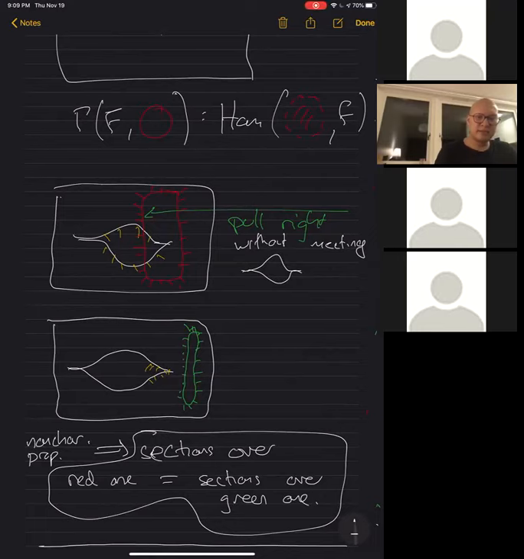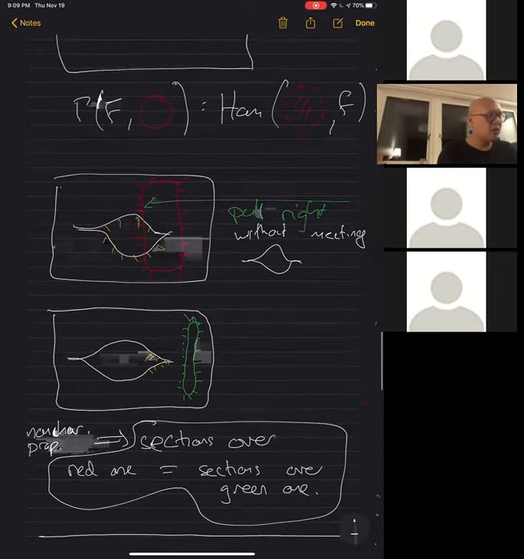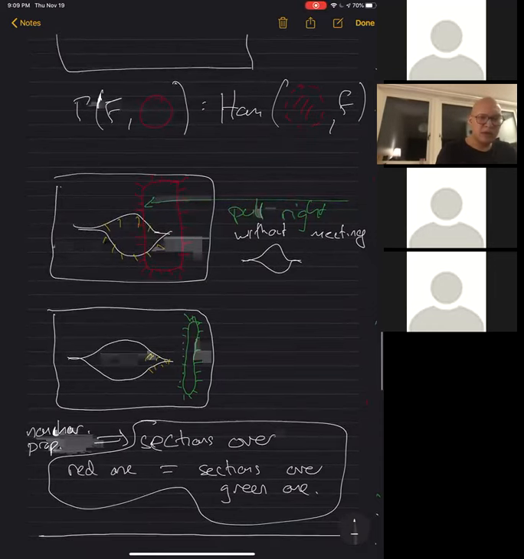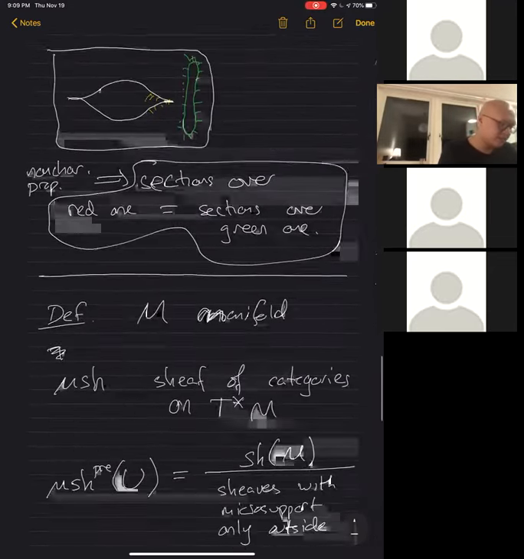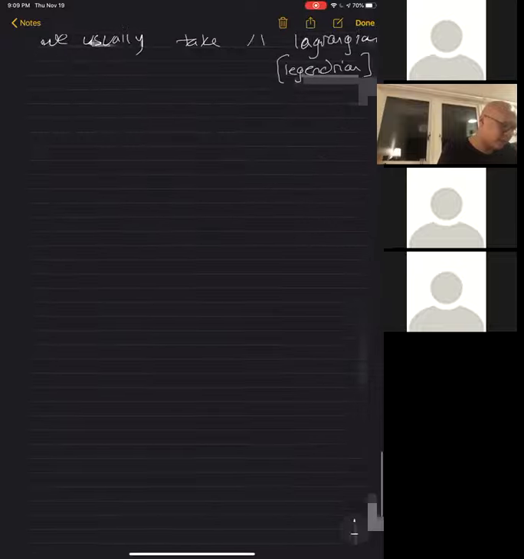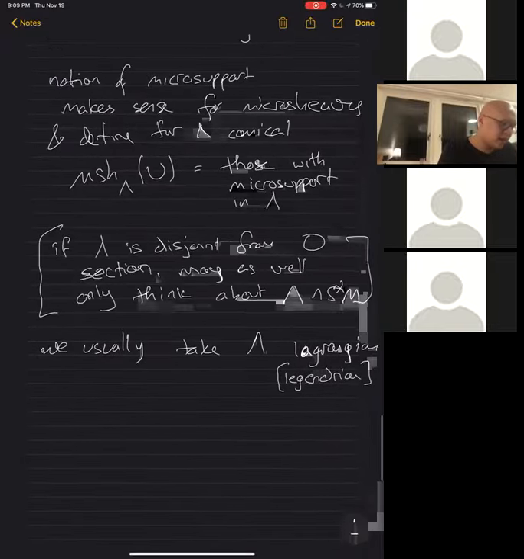But in general, I don't know. Somehow it's important to me to be able to draw this kind of picture, at least, and so it would be good to have a way of knowing what is the analog of this particular picture. Okay, so this is the category of microsheets.